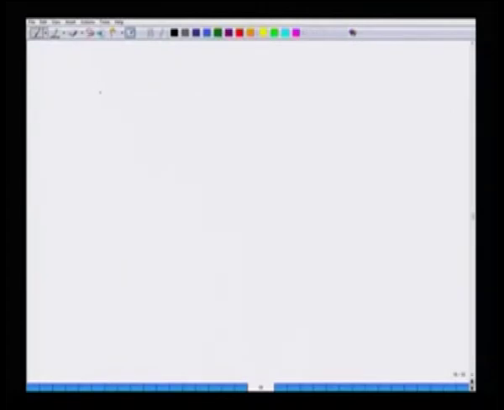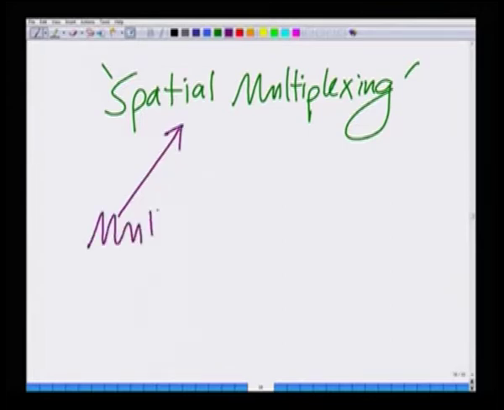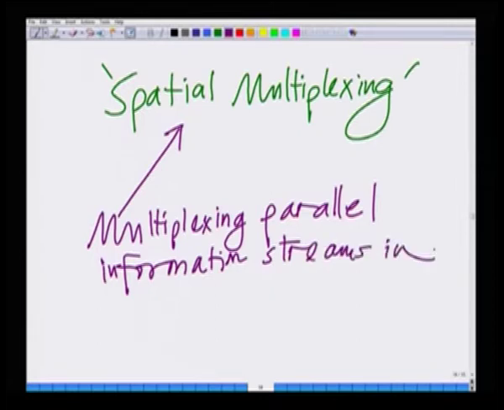So, this is known as spatial multiplexing, which literally means multiplexing parallel information streams in space.